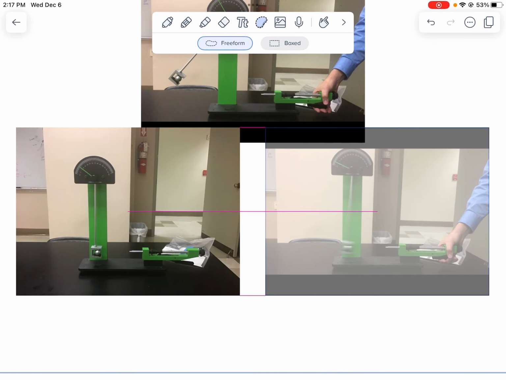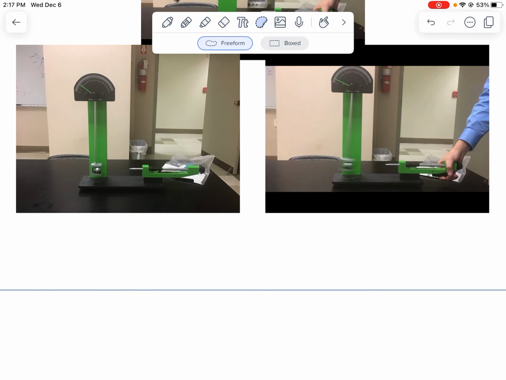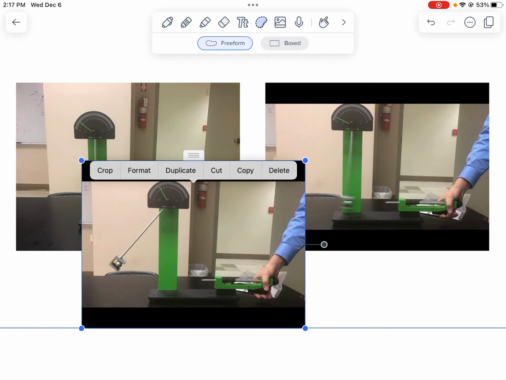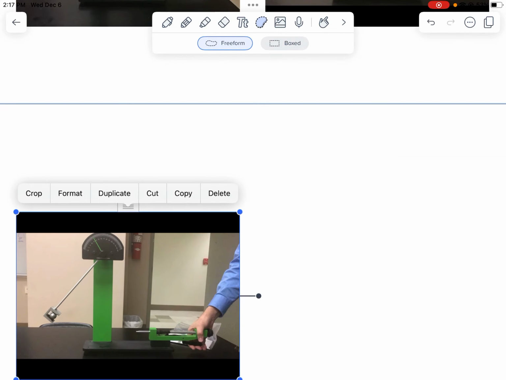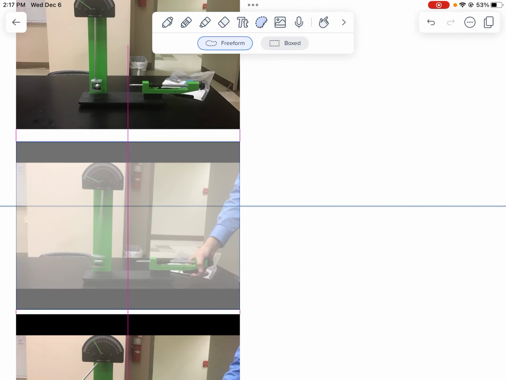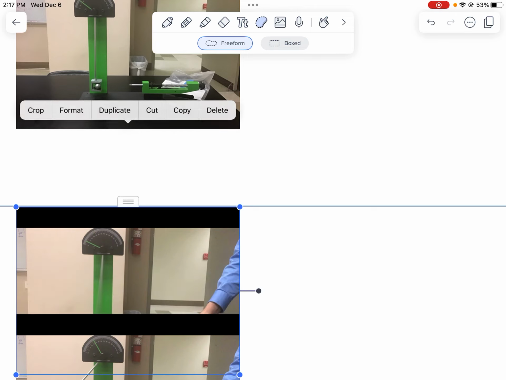Here we have the projectile after it's been fired, and it just has reached the catcher. And then here we have our third state, which is the pendulum has swung up to its highest point. So these are going to be our three states.